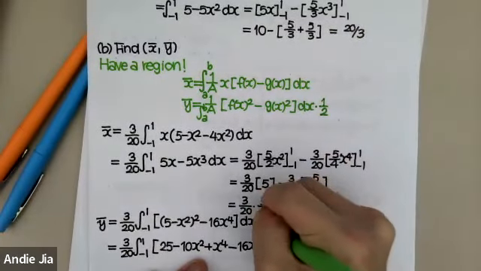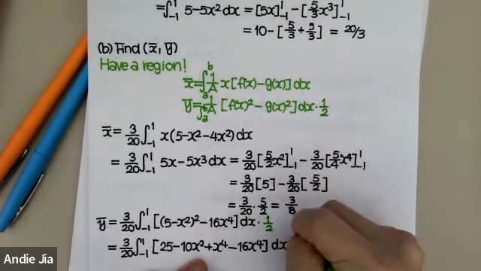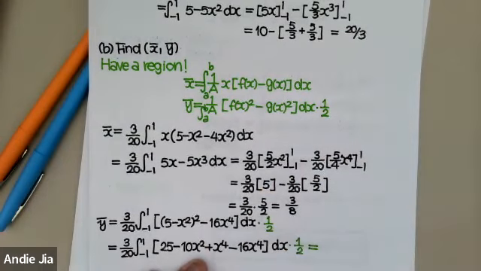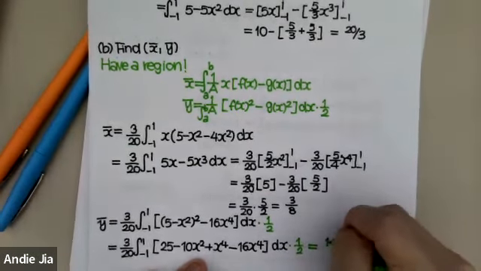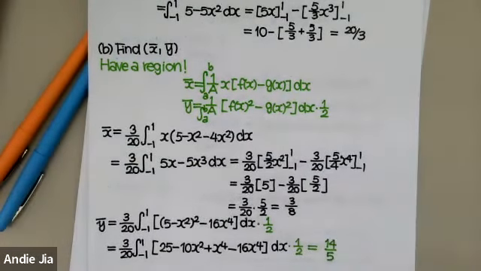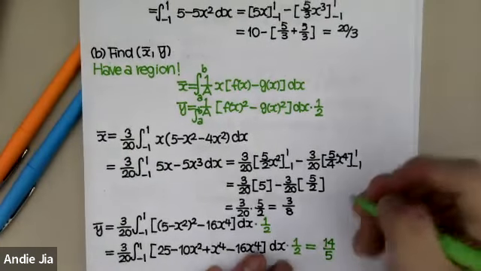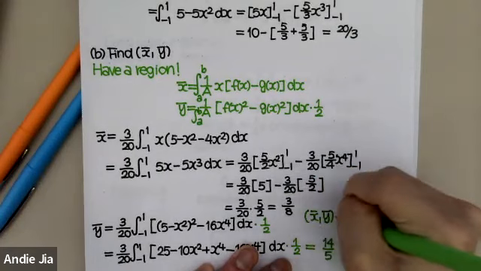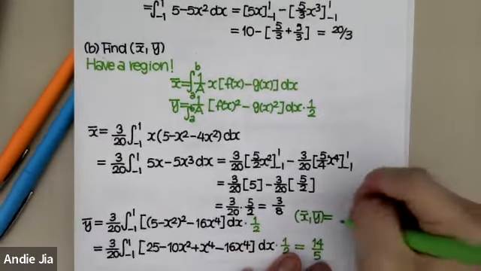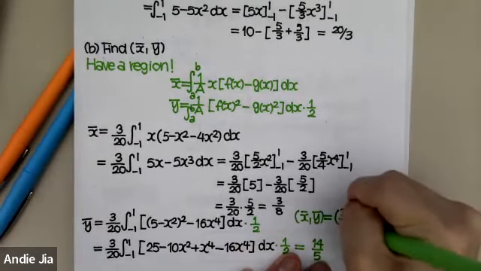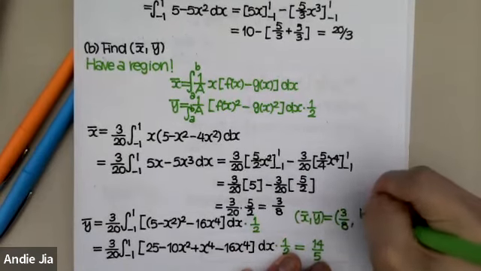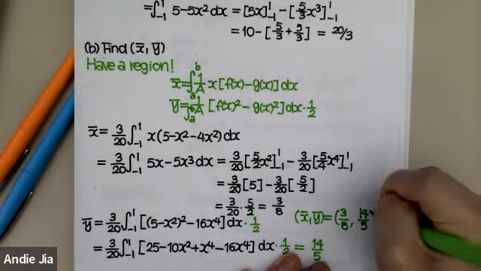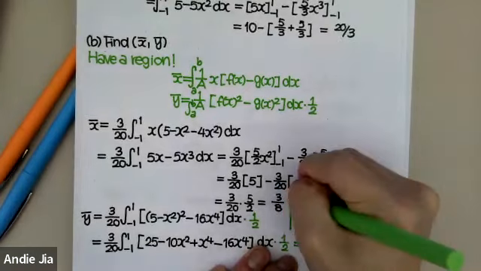So times 1/2 times the center of mass should be 5/14. So the x bar, y bar of this question is going to be 3/8 and 14/5. That is your answer.